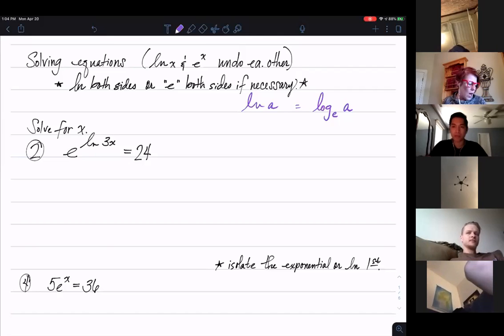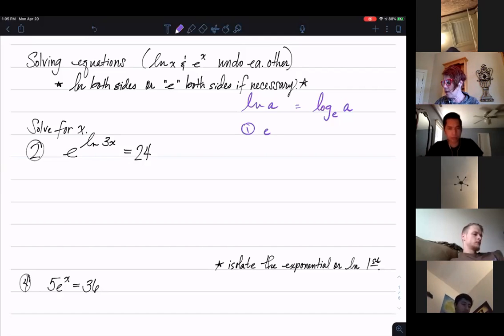So the first thing I'll do is just share a couple of Math 110 comments with you to remind you of things that we covered in Math 110. So here are some rules that we did in Math 110. Rule number 1 is that e raised to the natural log of x, because e's and natural logs undo each other, is simply going to equal x. It's kind of like taking the square root of something squared.